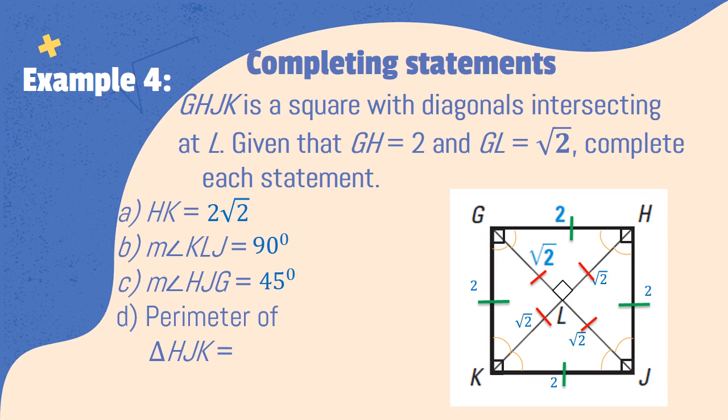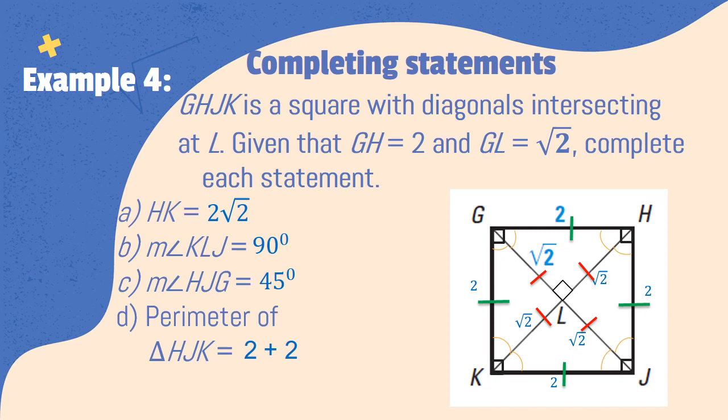And what would be the perimeter of the triangle HJK? Let's see. That's the definition of perimeter: I need to add the three sides of the triangle. I need to add the length of the side HJ, that is 2. I need to add also the length of the segment JK, that is 2.